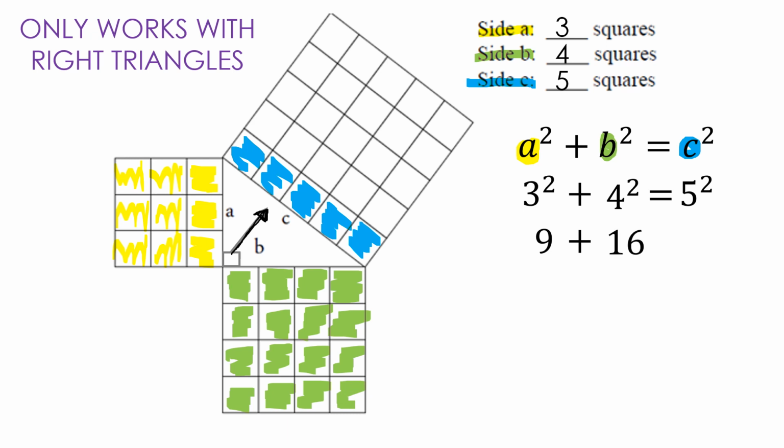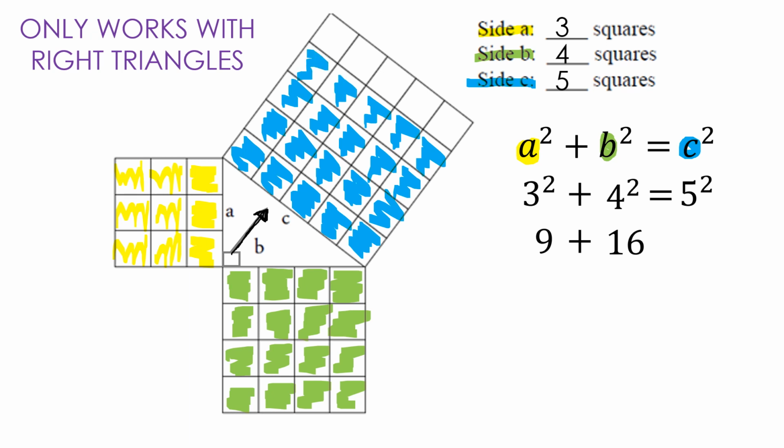And we want to find out if these two numbers will give us our c squared, which was 5 to the second power. 5 times 5 is 25. So if we count, we have 25 squares.